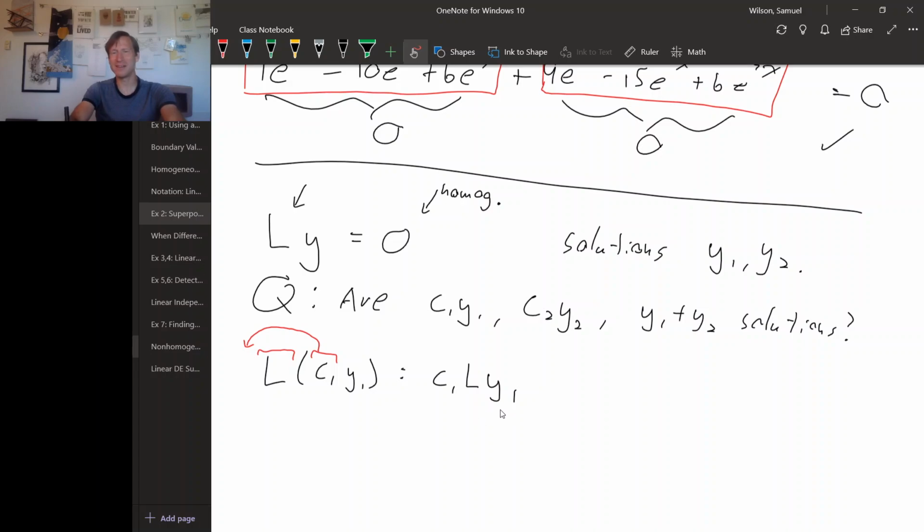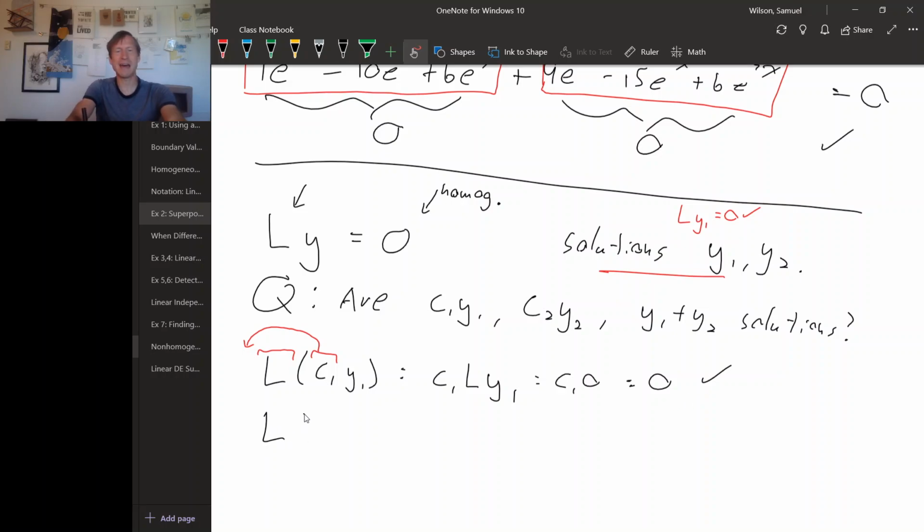What is L applied to y1? Well, remember that y1 is a solution to the original differential equation. What does that mean? Well, that means that if you put y1 into the original differential equation, it works. So that means L applied to y1 is 0. So this is C1 times 0, and that's 0. And that means C1 times y1 is a solution to the differential equation.